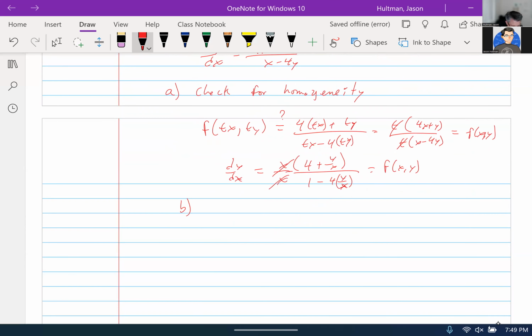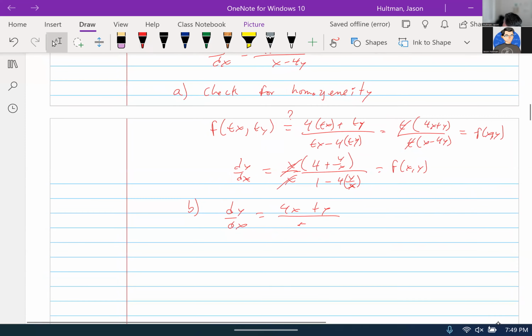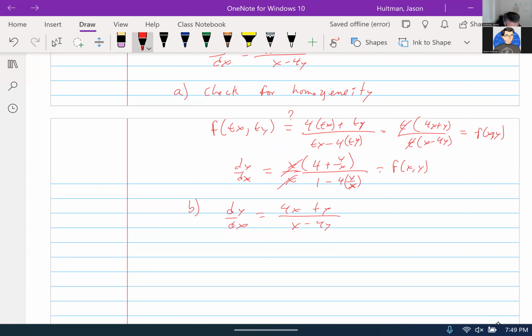So now let's use a substitution to take something that looks kind of hard to integrate, not separable, and turn it into something that is separable. dy dx is equal to 4x plus y over x minus 4y.